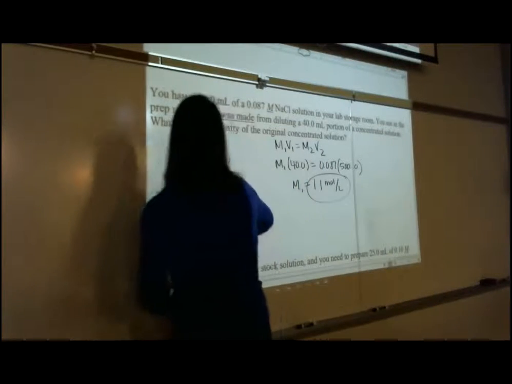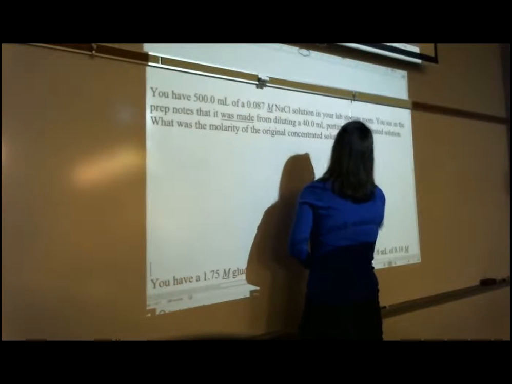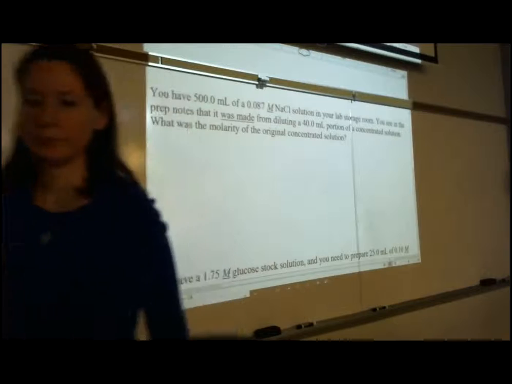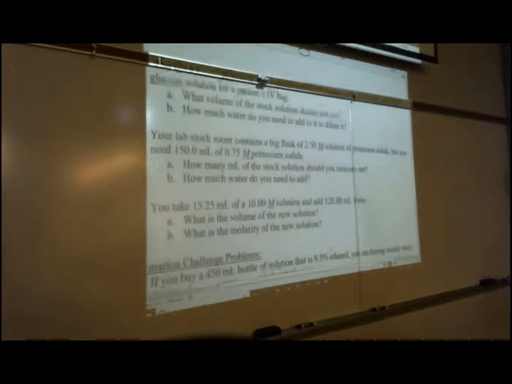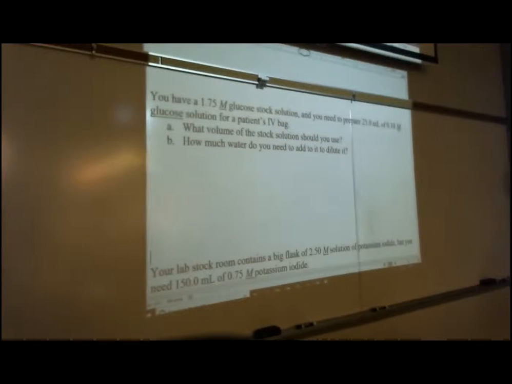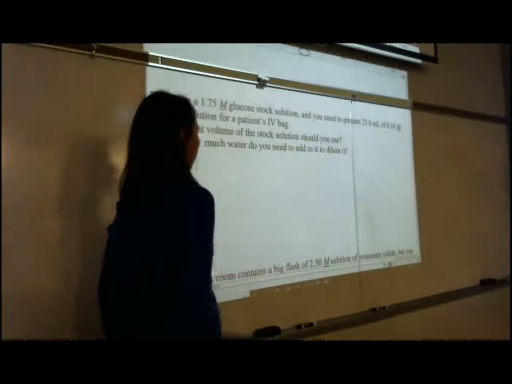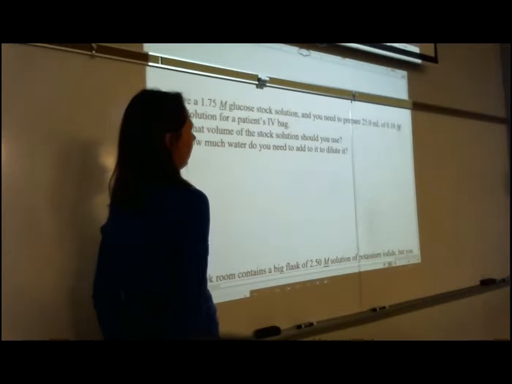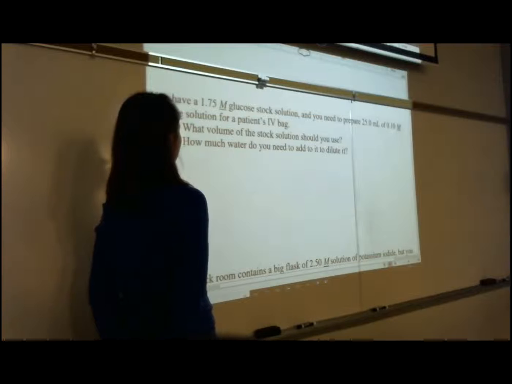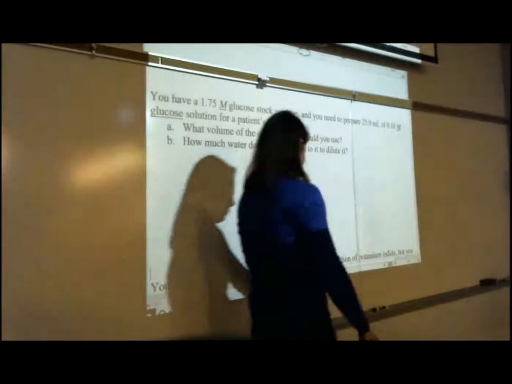All right, let's look at number 3. So this is kind of like a health setting, working maybe in the pharmacy at a hospital or something like that. You have a 1.75 molar glucose stock solution, and you need to prepare 25 milliliters of a 0.1 molar glucose solution for a patient's IV bag. What volume of the stock solution should you use, and how much water do you need to add to dilute it?